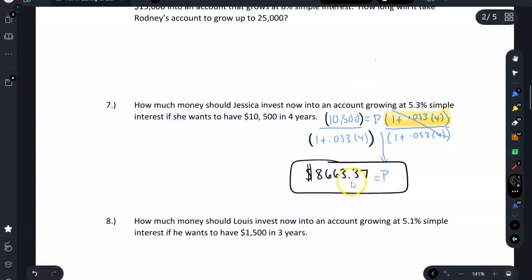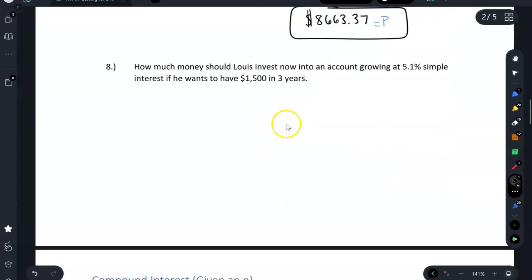All right. So Jessica would need to invest $8,663.37 at 5.3% simple interest if she wants to have $10,500 in 4 years.